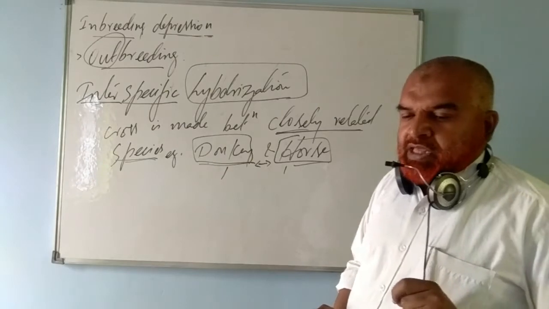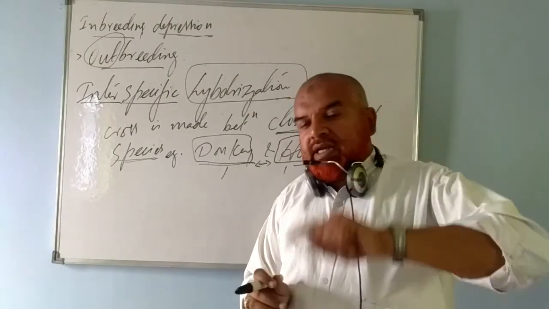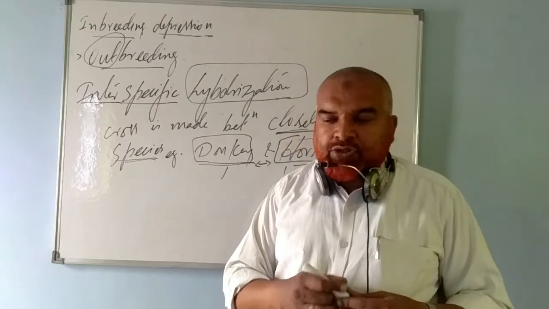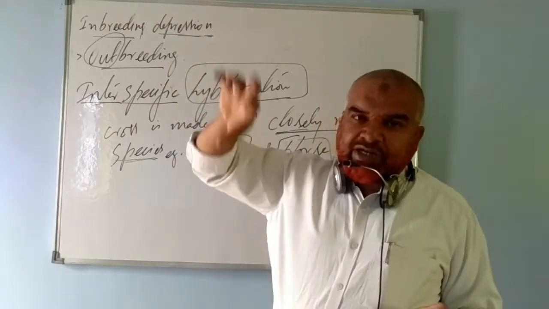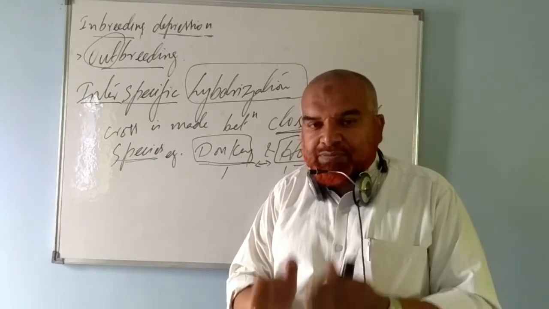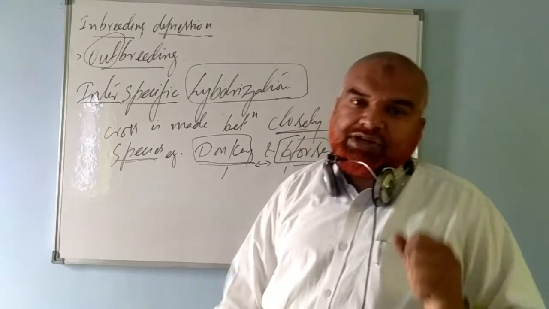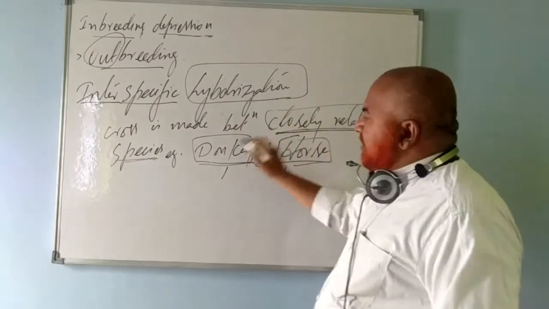One more example: tiger is closely related to lion because they come from the same ancestor, Felis. So their ancestor is common when you go back in history during the course of evolution. Both these different species have evolved from a common ancestor, hence they have very common characters. That's why we call them closely related species.